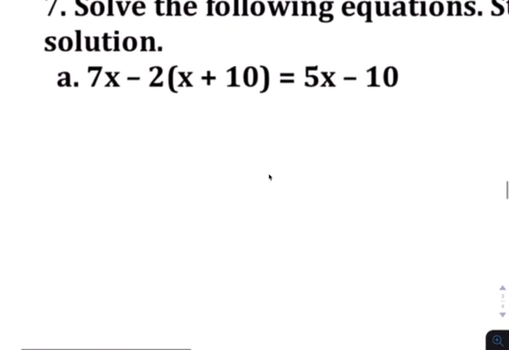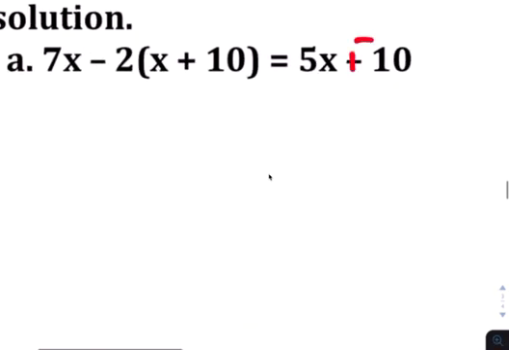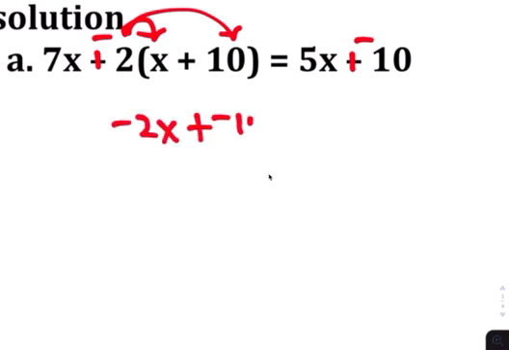Okay, so here, additive inverse, distribute first, always parentheses first: negative 2x plus a negative 10, negative 20, 7x. Combine these two, you get 5.